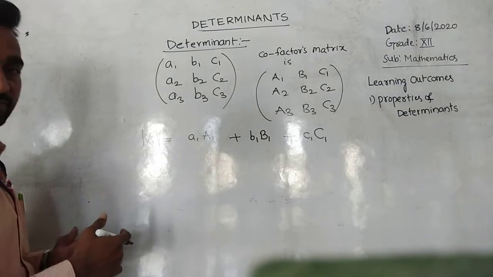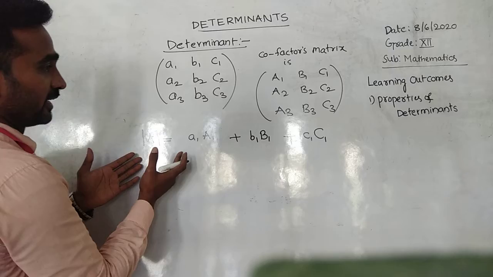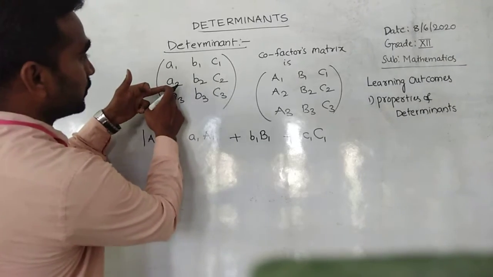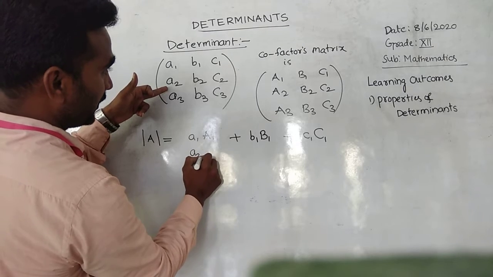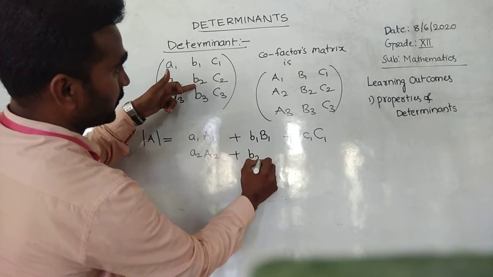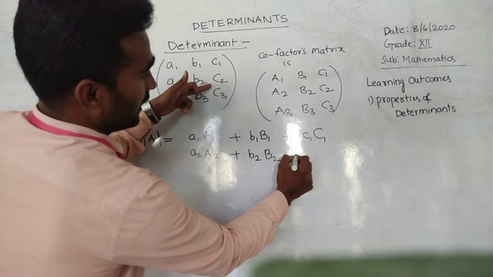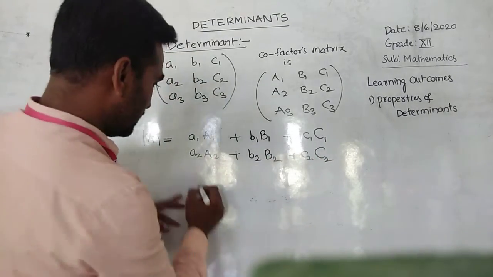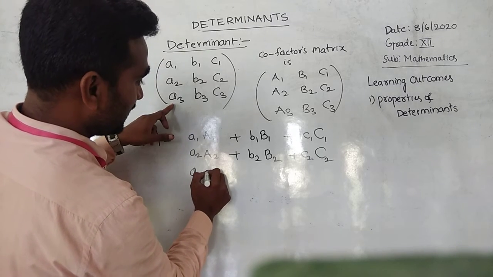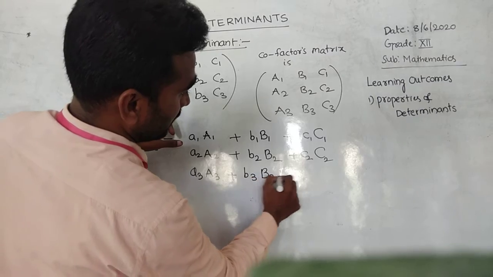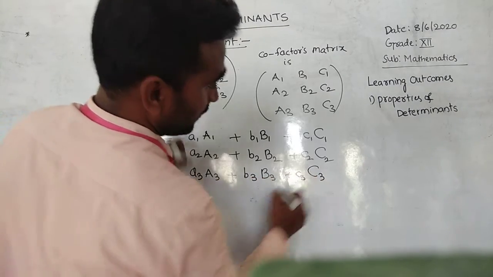And the determinant you can find in 6 ways by expanding. Here I expanded by row 1, and similarly you can do it by expanding row 2: A2 and its corresponding cofactor, plus B2 and its cofactor, plus C2 and its cofactor. Similarly, by expanding row 3: A3 plus B3 plus C3.